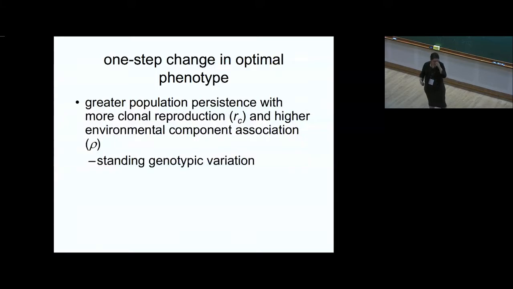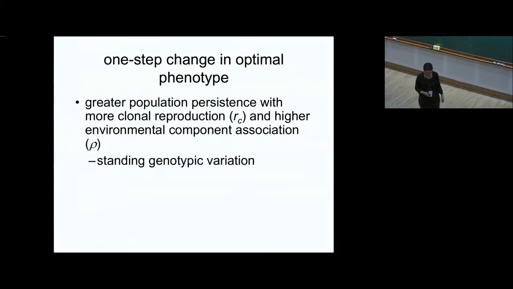And so if you think about clonal reproduction, if you happen to have some genotypes in the population that can make it through that selective event, clonal reproduction lets you make exact copies. And rho, if rho is high enough, lets you make exact phenotypic copies. So if the change is not too big, and you have enough standing genotypic variation, you can sort of make it through this.